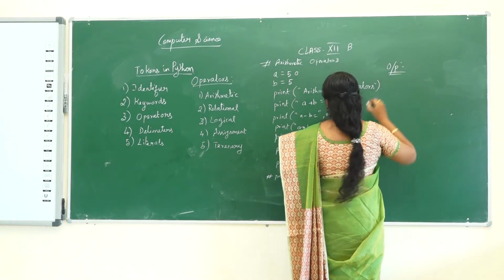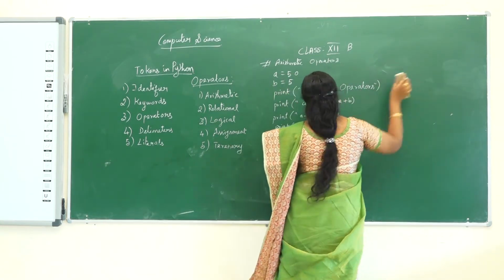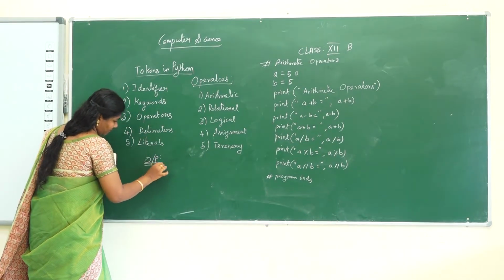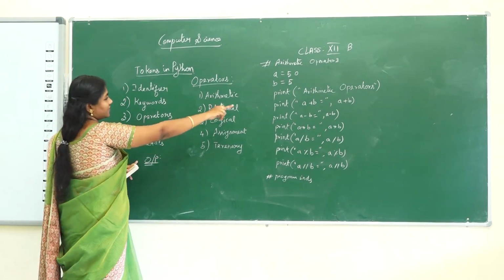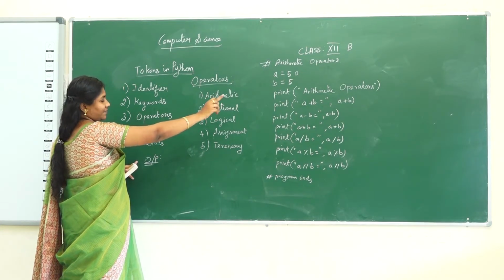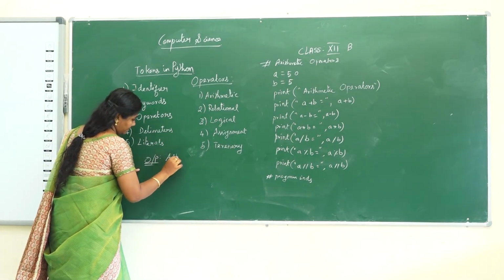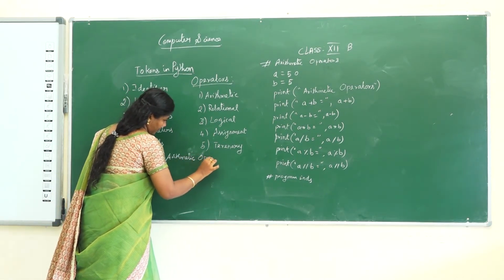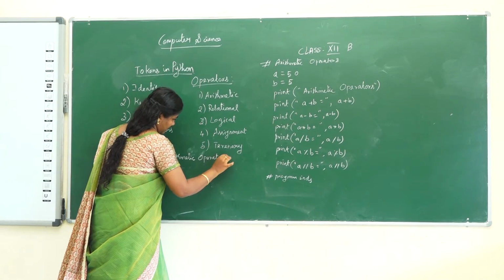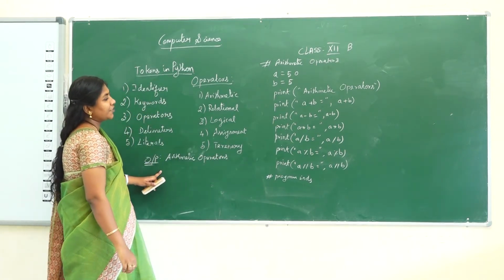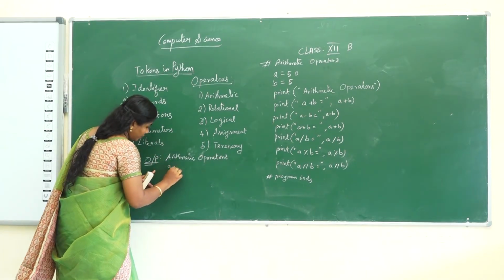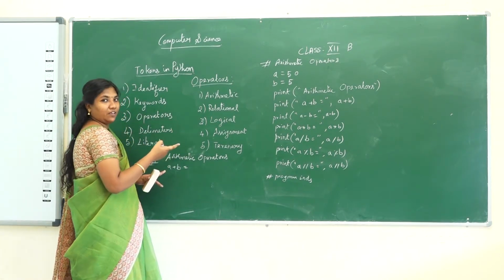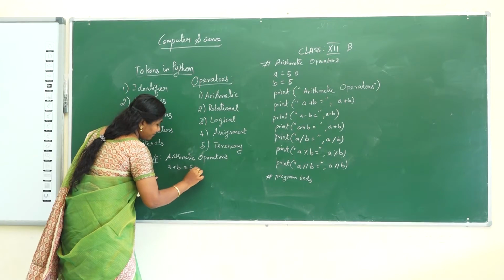So I am writing here the output. What is the first print statement? Arithmetic operators. The second one I am asking to print A plus B is equal to, so A plus B: what is the value of A and what is the value of B? 50 plus 5, so the answer will be 55.